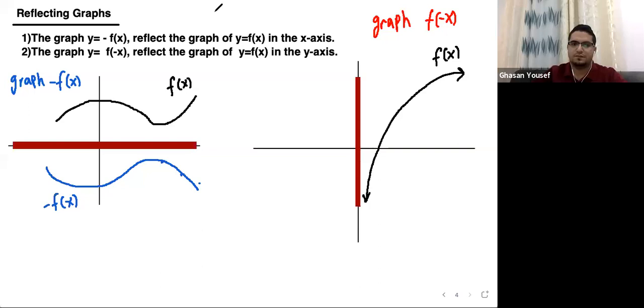Around the mirror, around the y-axis, the graph should be, this is f of minus x. Okay, any question for both of the graphs?